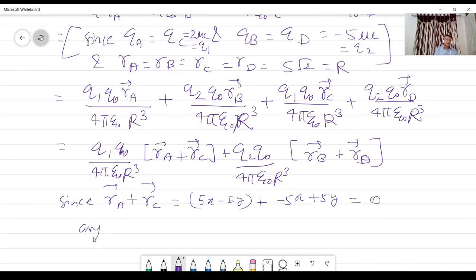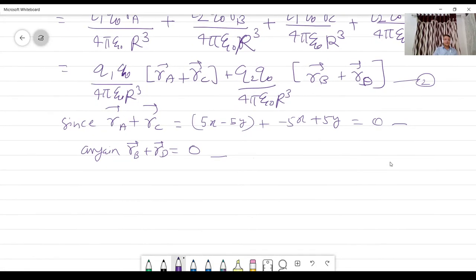Again, if you put the values of RB and RD from the solution above, it is also going to come to 0. So when you put these two values in the above equation 2, you will see that the entire equation becomes 0. So the total force Ft will be 0. Why?